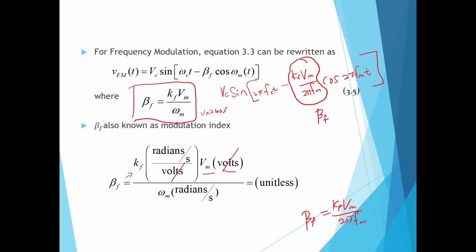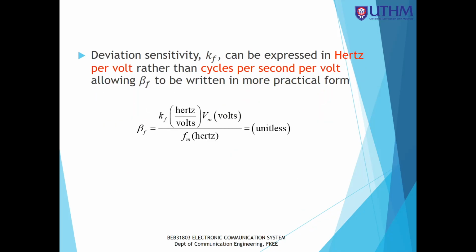We can also write beta F like this, in terms of Kf Vm over fm.